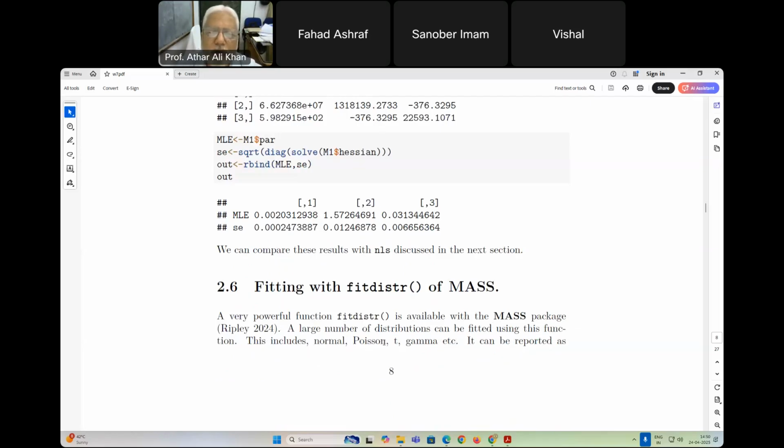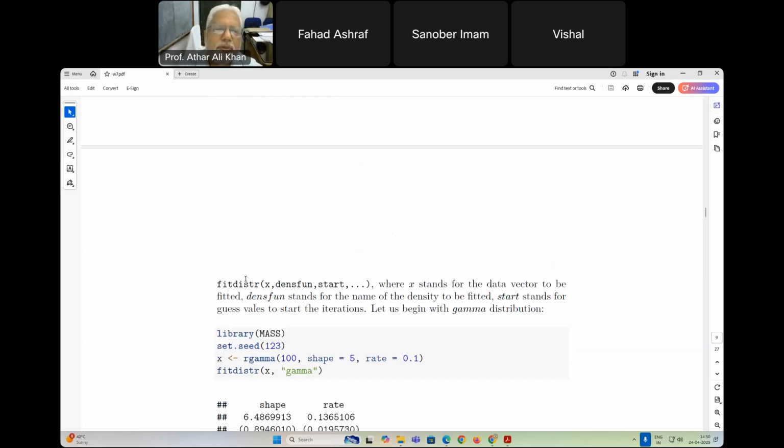This includes normal, Poisson, t, gamma, etc. It is written as fitdistr(x, densfun, start), where x stands for the data vector to be fitted, densfun stands for the name of the density to be fitted, and start stands for guess values to start the iteration.